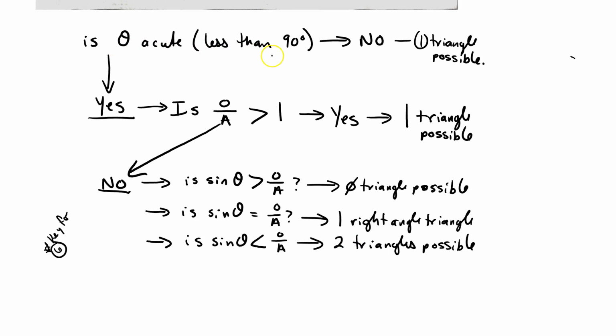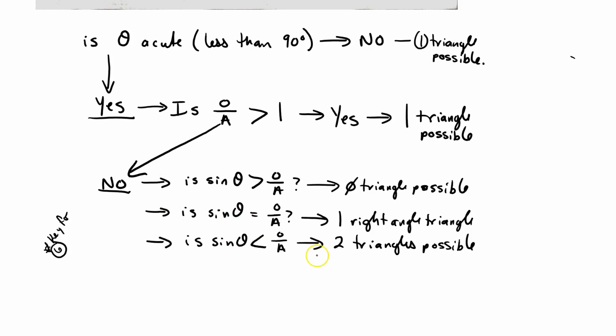Is theta acute? Yes. Is opposite over adjacent greater than 1? No. It's less than 1. It's 0.625. Is sine theta greater than opposite over adjacent? No. It's less than, not equal to.